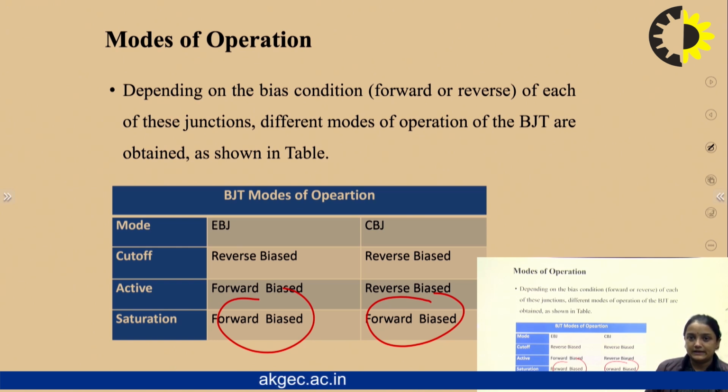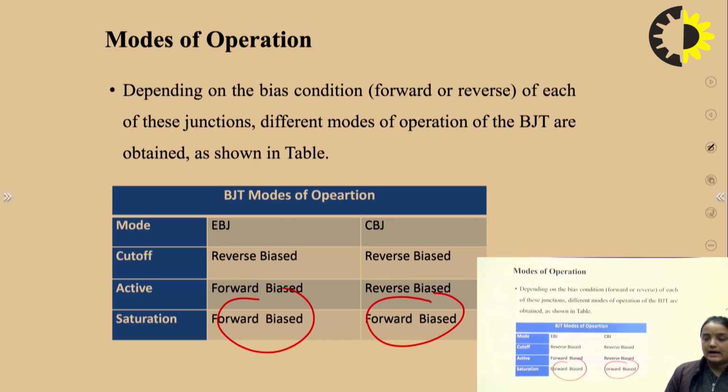That is, P side is connected to the positive terminal of the battery. Next is the active mode, in which the emitter base junction is forward bias and the collector base junction is reverse bias. And the last is the cutoff mode, in which both the junctions are in reverse bias condition.